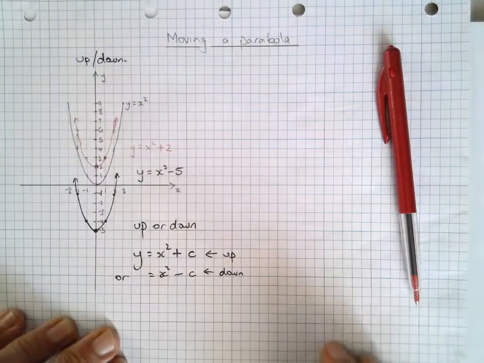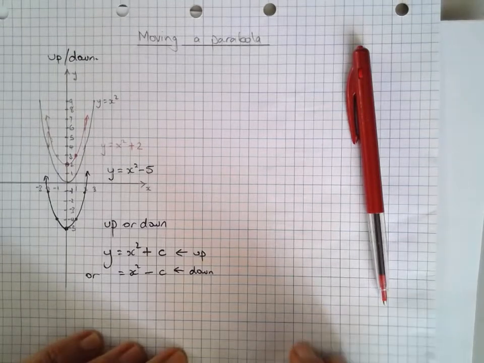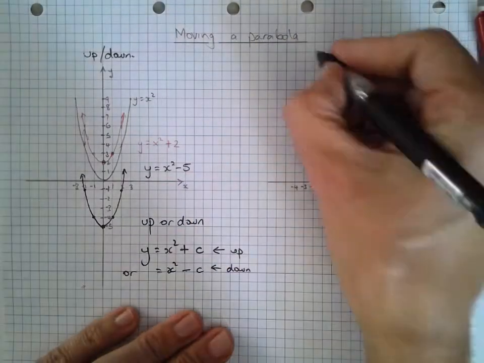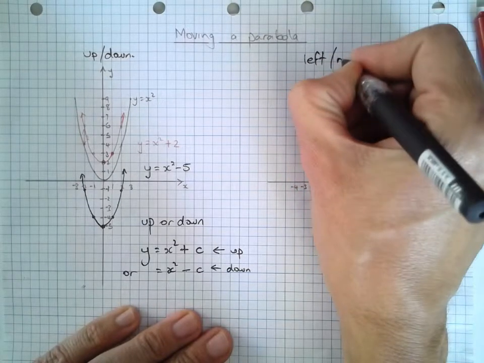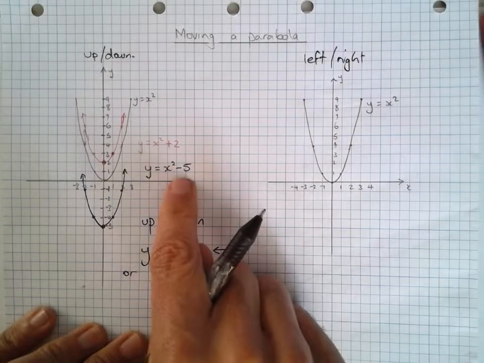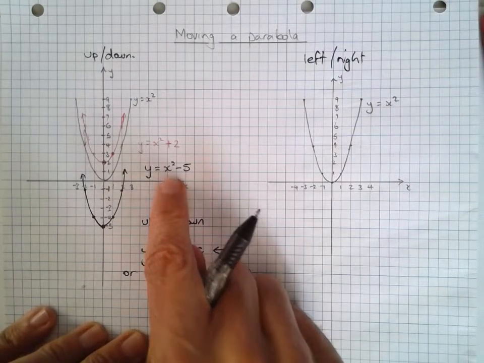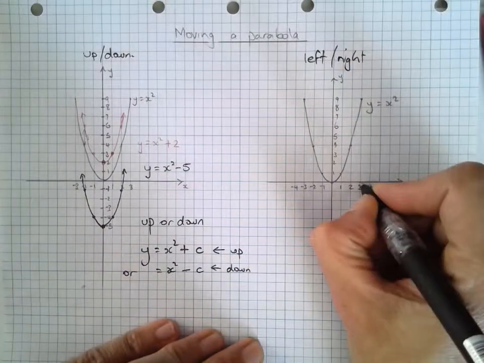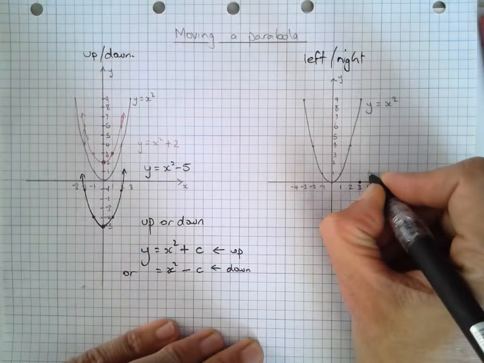Now the other way I might want to move it is left and right. So to move left or right, instead of adding or subtracting something after I've squared, I'm going to add or subtract before I square. So let's have a look at how would I get this parabola here. It's moved 3 to the right.